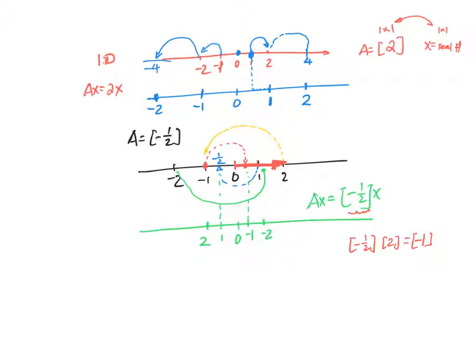So the original vector goes to this place. After that, this is its image. So this guy would be the image of this guy under this transformation. So that's what a transformation does in one dimension.